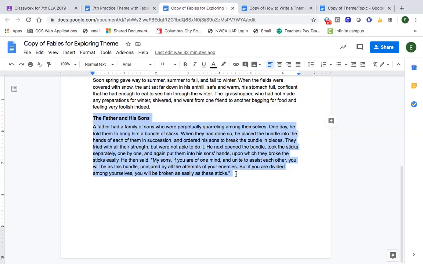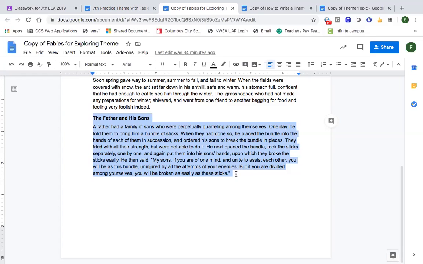One day he told them to bring him a bundle of sticks. When they had done so, he placed the bundle into the hands of each of them in succession, and ordered his sons to break the bundle in pieces. They tried with all their strength, but were not able to do it. He next opened the bundle, took the sticks separately, one by one, and again put them into his sons' hands, upon which they broke the sticks easily.